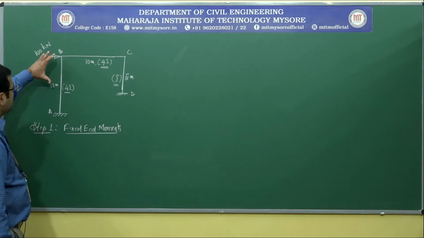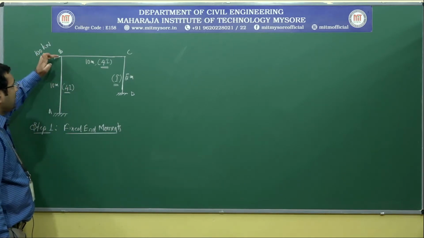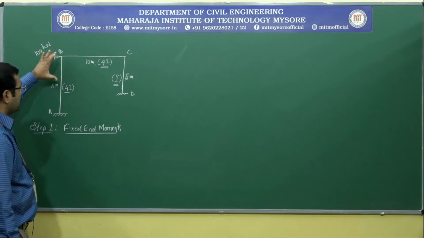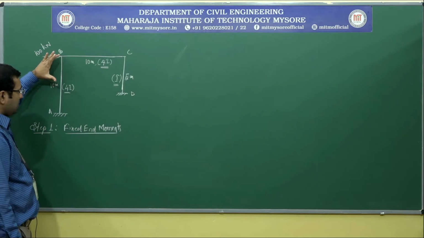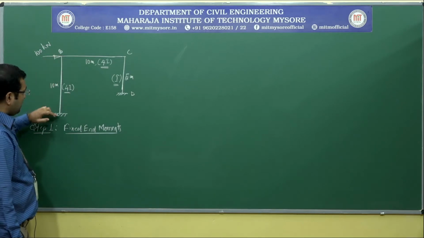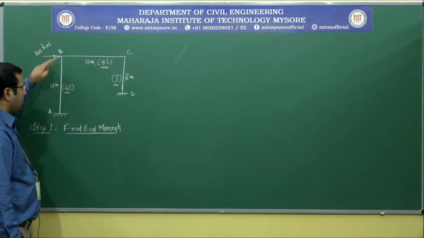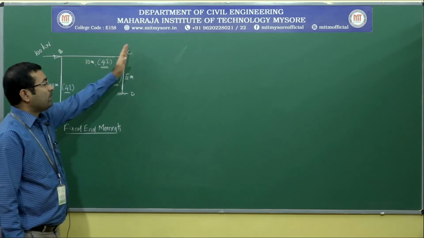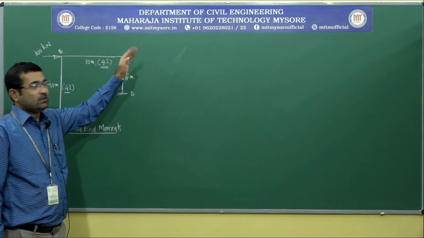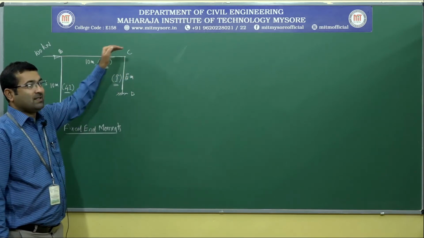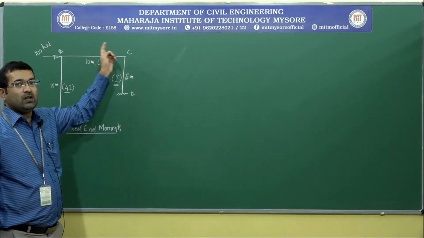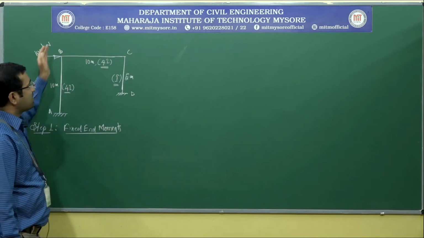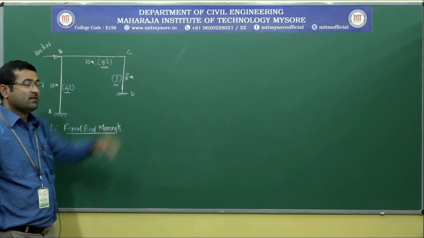Now you can see here on the member AB we don't have any load, we have one load at the joint, so ignore it. So the fixed end moments for member AB, that is MFAB and MFBA, both will be 0. Similarly on member BC we don't have any load, and also on the member CD. So on all the members we don't have any loads, so the fixed end moments for all the members will remain 0.